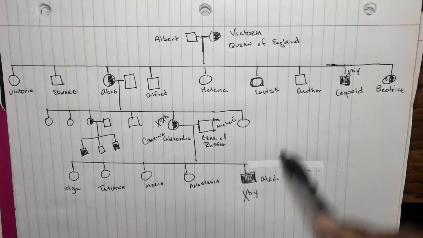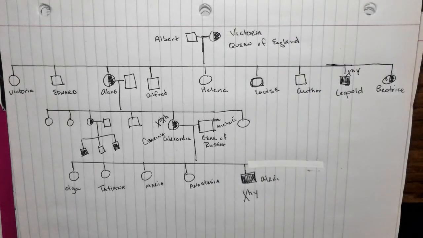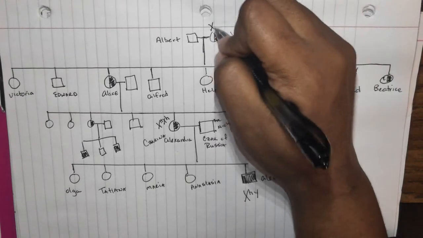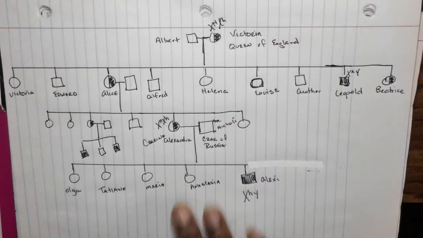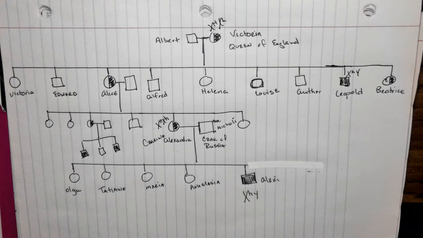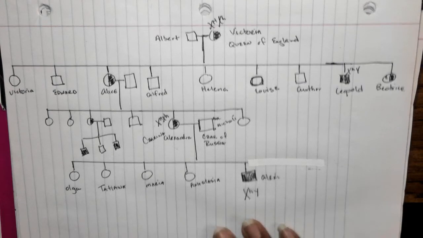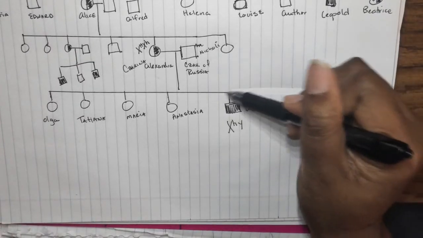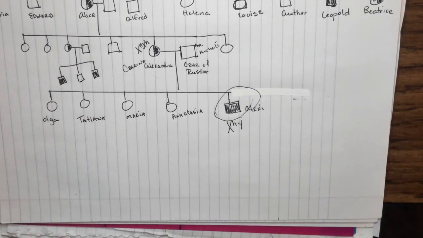Now, when Queen Victoria passed on her hemophilia gene, it ended up causing the end of the Russian monarchy. Here's what happened. So little Alexei right here was always really sick.